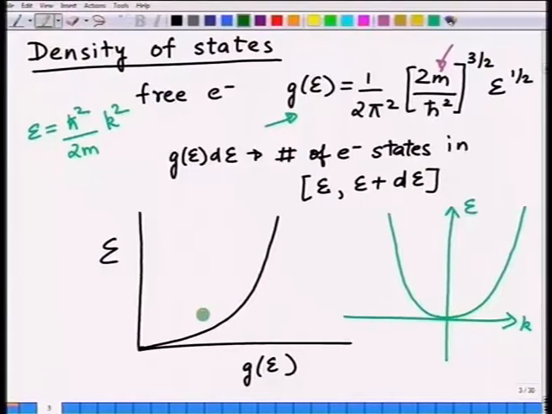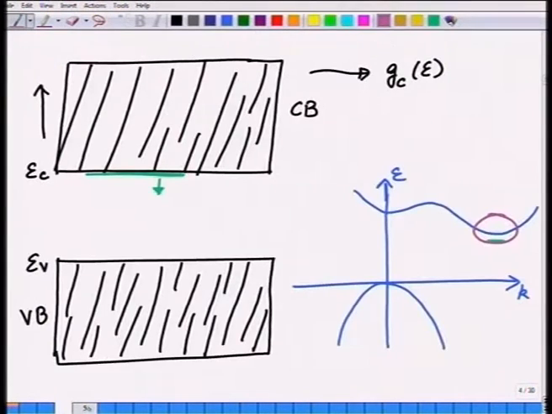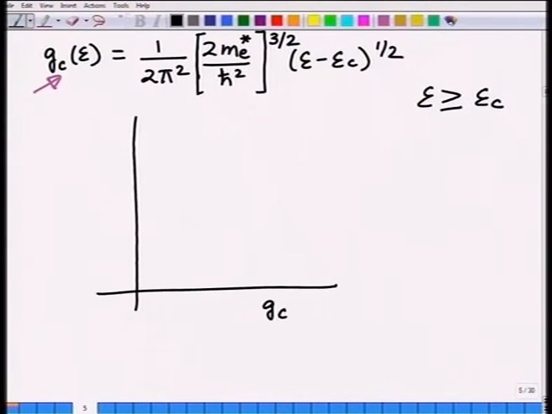I'll fit this formula by replacing mass by an effective mass depending on the curvature of the E versus K diagram. So this becomes my effective density of states in the conduction band. That's one thing. Second thing, notice that if I plot this density of state, GC of E, versus energy, then it will continue to increase like this.